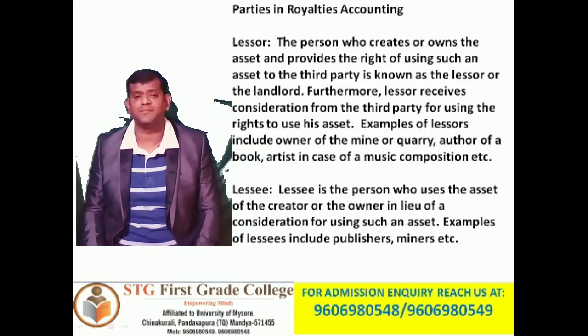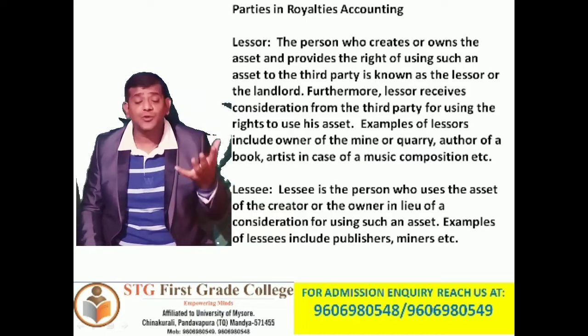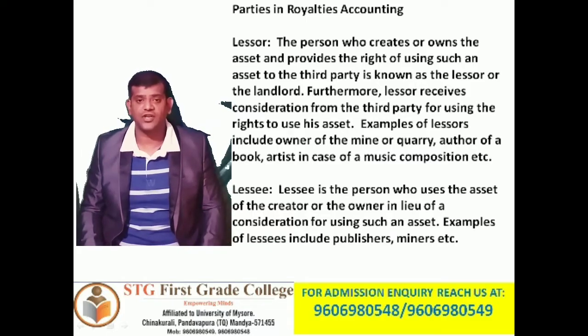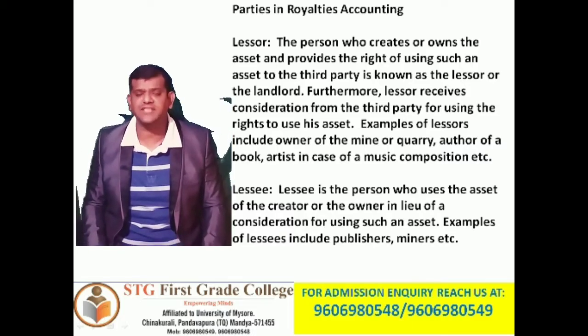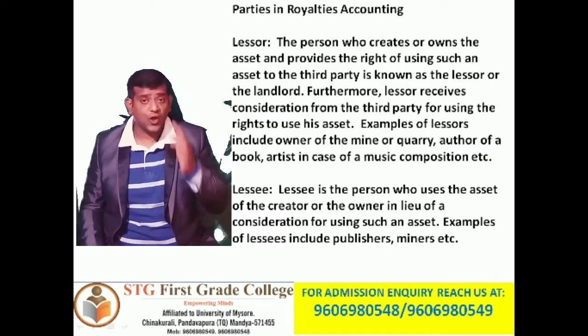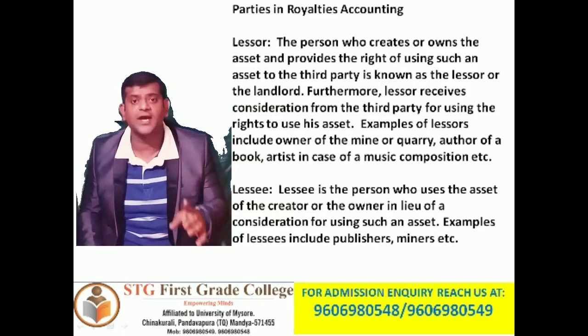It is very simple. The lessor is the owner, and the lessee is the user of that creation. In lieu of consideration for using such an asset, the lessee is going to pay a consideration to the ultimate owner. Clear?